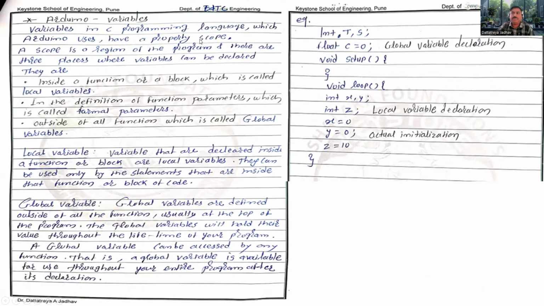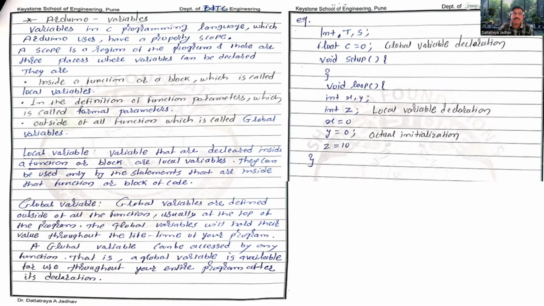Now we learn about some variables of the Arduino. A variable in the C programming language, which Arduino uses, has a proper scope. The scope is a region of the program, and there are three places where a variable can be declared.